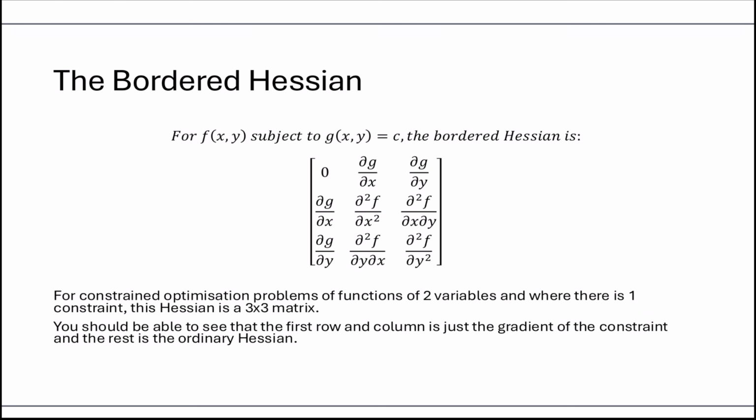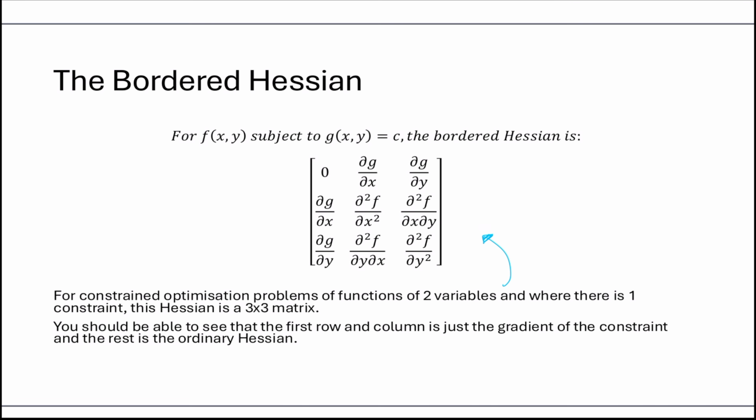Looking at the bordered Hessian, for a function which has two variables x and y, subject to a constraint g, which is a function of x and y, equal to c. The bordered Hessian has 0 in the corner, and the partial derivatives of the constraint with respect to x and y along the top row, and the same down the first column. The internal matrix is just the Hessian, hence why it's called a bordered Hessian. So for a constraint optimization problem of functions of two variables with one constraint, the Hessian is a 3x3 matrix.